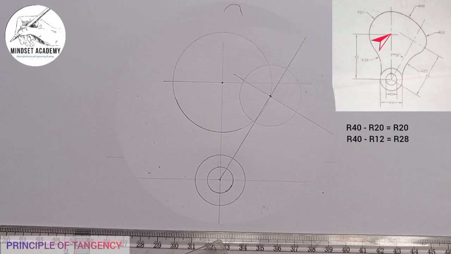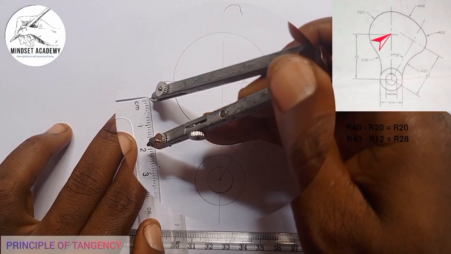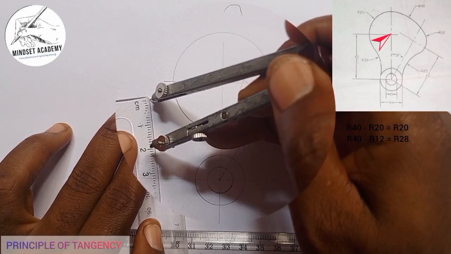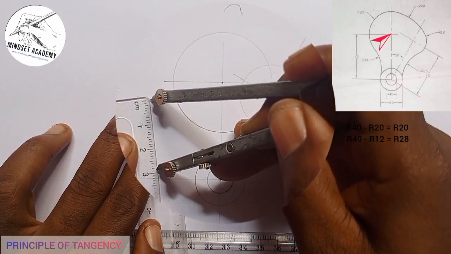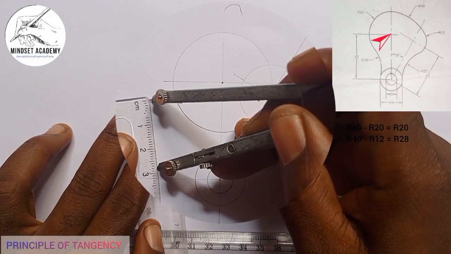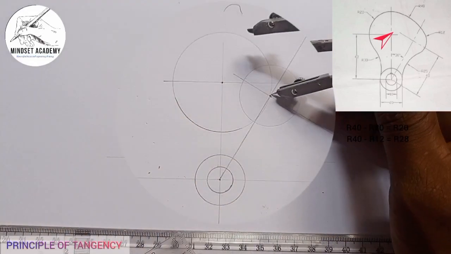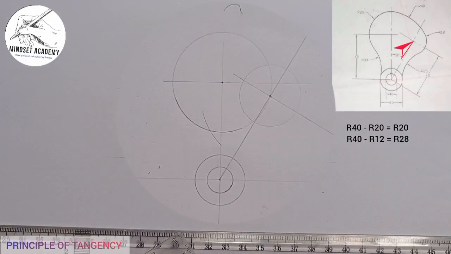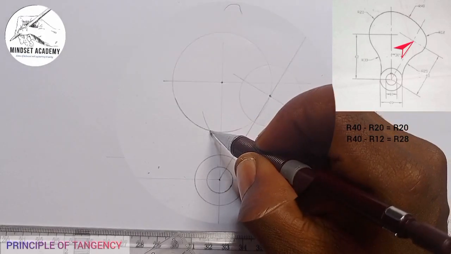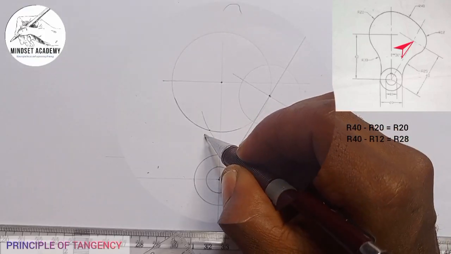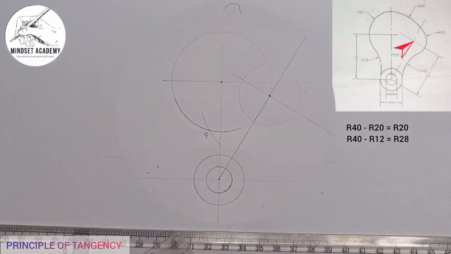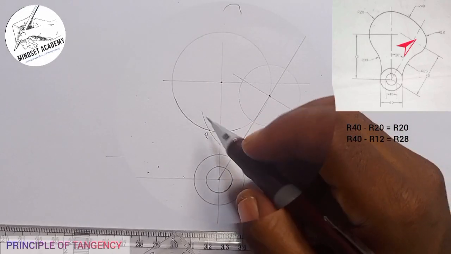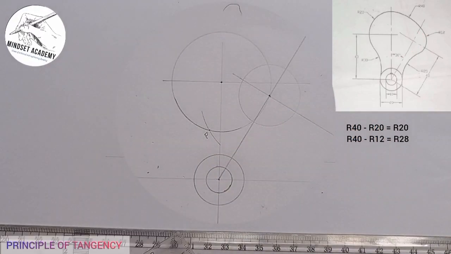So you measure the radius of 28 on my meter rule, from 0 to 2, this is 28 here, right? And I'll place it at this other center. I'll strike an arc. So where the two arcs meet is at this point. Let me call it my point P. From point P, that point you're seeing is the radius of the 40 you see there.